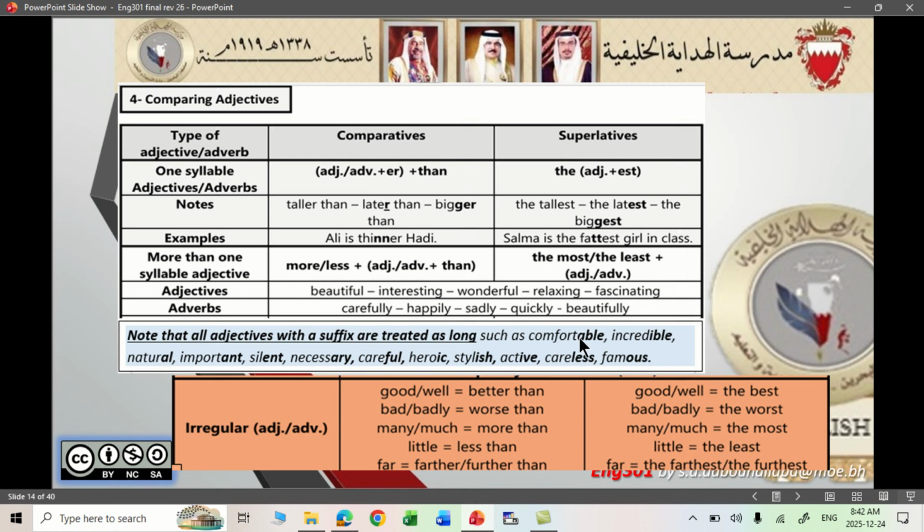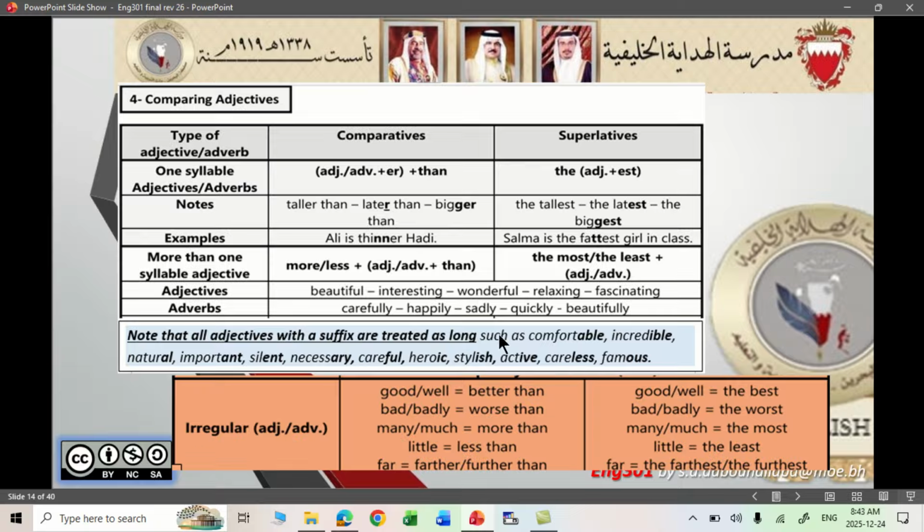Words like comfortable, A-B-L-E, or incredible, the I-B-L-E. So any adjective ending in these will be considered a long adjective. Natural, the A-L, important, silent, necessary, careful, heroic, stylish, active, careless, famous.